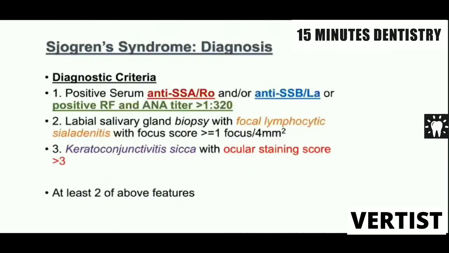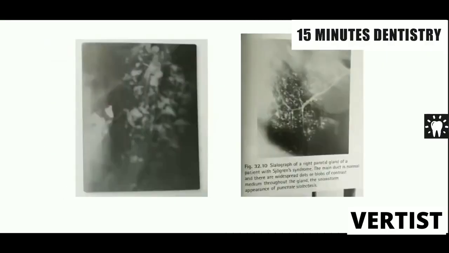So, to confirm the diagnosis, two of the above three features should be positive: either positive serum anti-SSA/Ro or anti-SSB/La, which is suggestive of a connective tissue disorder, or a positive labial salivary gland biopsy with a focus score of more than 1 focus per 4 square millimeters, or keratoconjunctivitis. So, two of the above features should be positive to confirm the diagnosis of Sjogren syndrome.